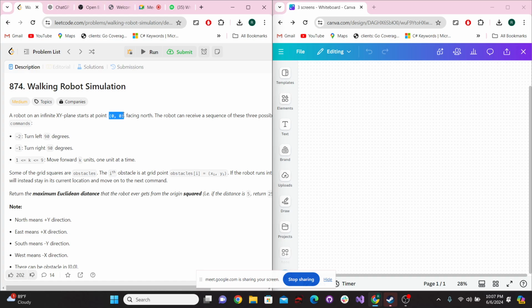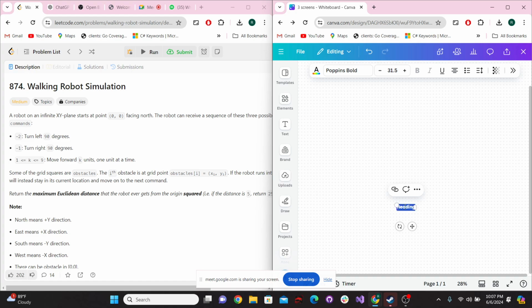So there's a robot on an infinite XY plane at a point 0, 0. Let's just say I'm gonna take some moving nodes here, right? So the robot is starting from a point 0, 0 facing north, so it faces north, right? This is my robot. It's at 0, 0, which is a coordinate, right? Screen is a little short, but yeah.